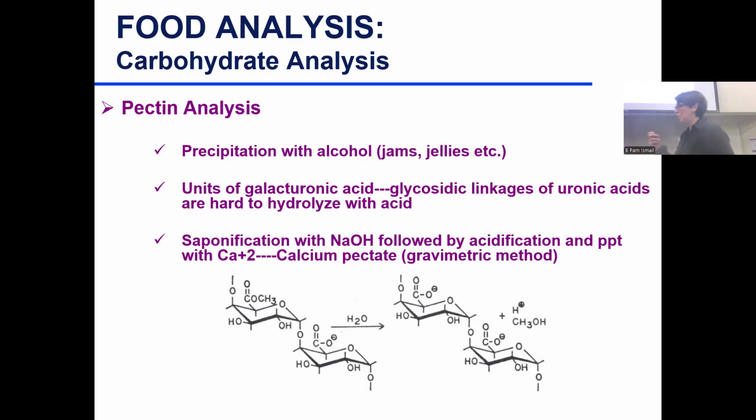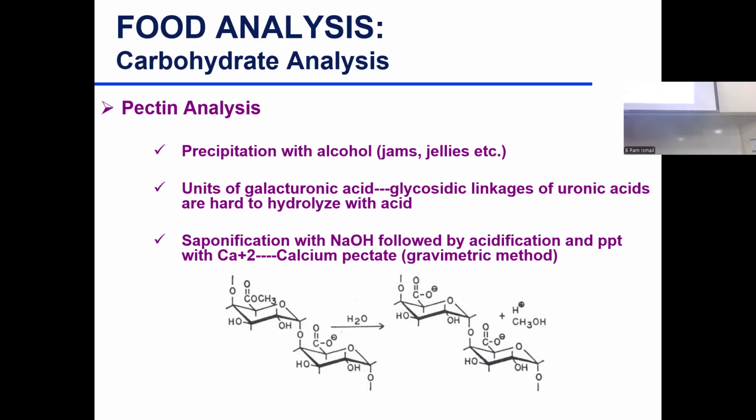Because some of these galacturonic acids are methylated, I'm hoping that you remember some of that from your food chemistry. Did you cover fiber with chem or not yet? Well, pectin has methyl groups. Some of the galacturonic acid are methylated. So the first step is you saponify, remove the methyl. It's deesterification, like you did with your fatty acid.